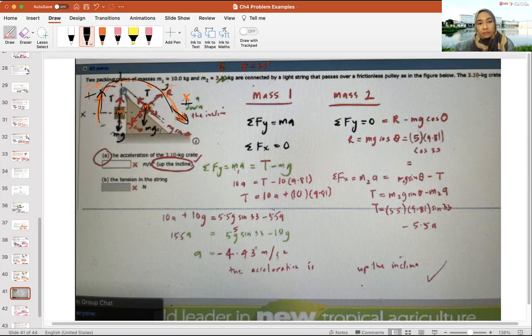This is the assumption that we made. So kalau nak tulis free body diagram untuk M1, the T would be positive, the mg would be negative for our mass number 1, and for mass number 2, our mg sin theta would be positive and our T would be negative. Okay, so I hope that helps.